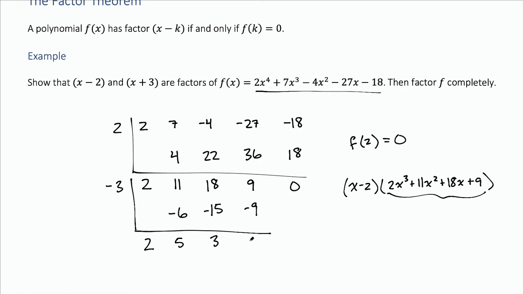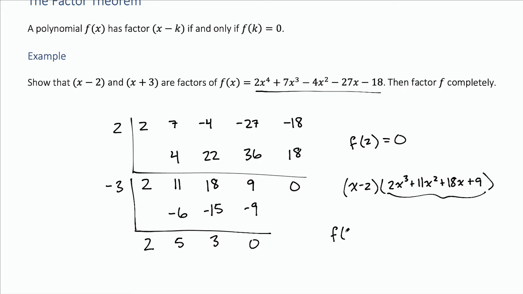And 9 plus negative 9 is 0. So I've got my 0 there. Notice I didn't have to keep going because I'm only using the coefficients of the leftover quotient.